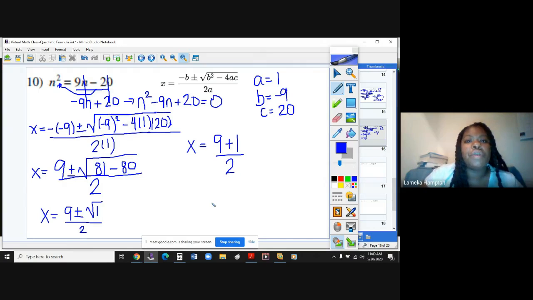And remember, square roots have 2 answers. So I have a positive 1 and a negative 1. Exactly. So I have 9 plus 1 because 1 is positive, and I also have 9 minus 1.